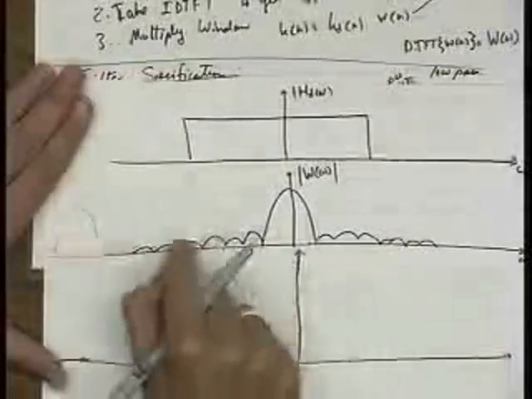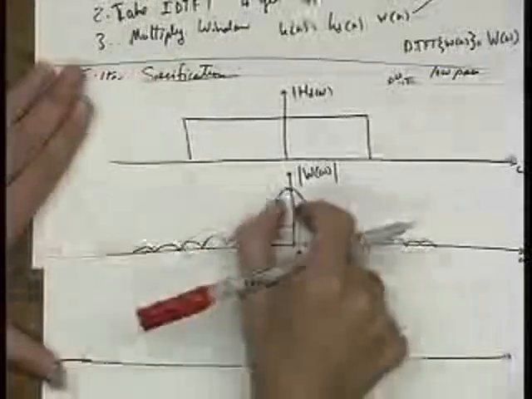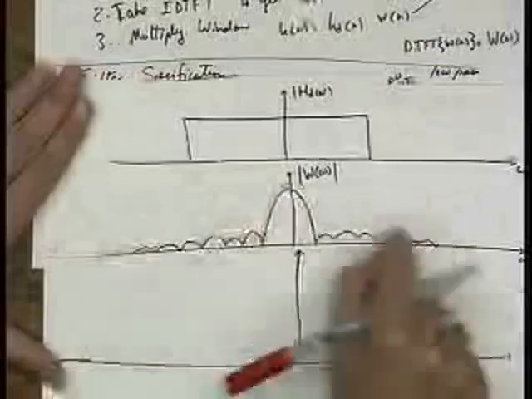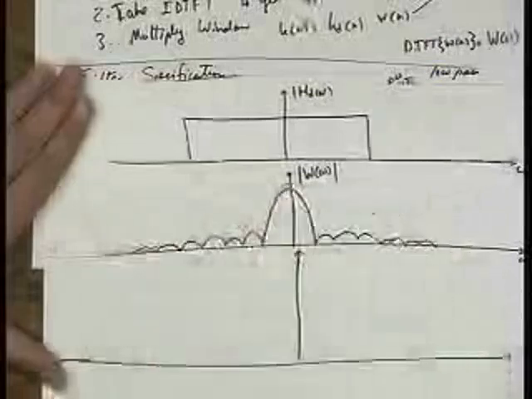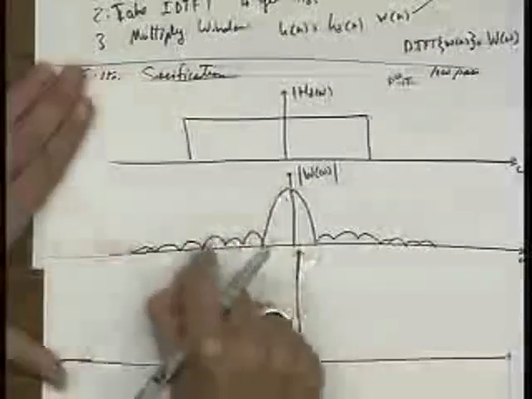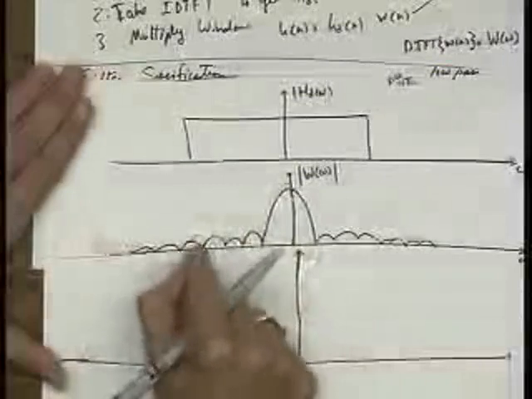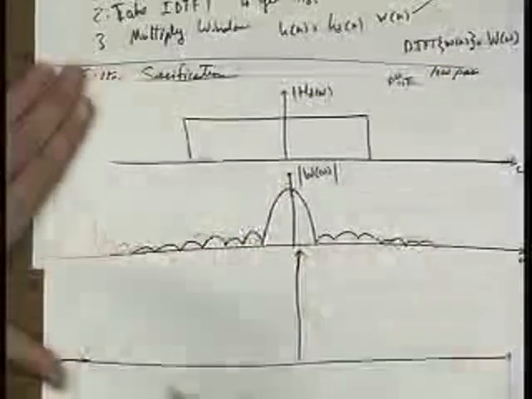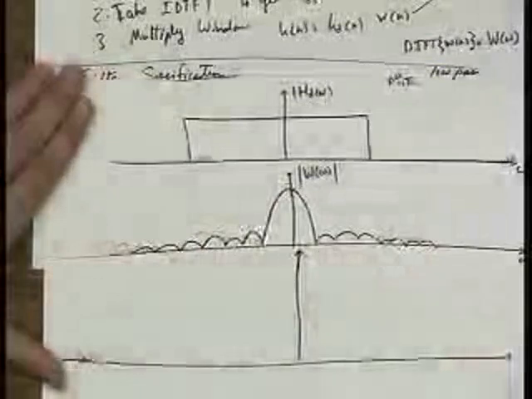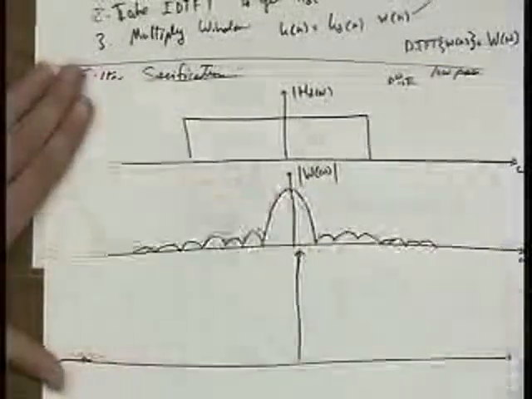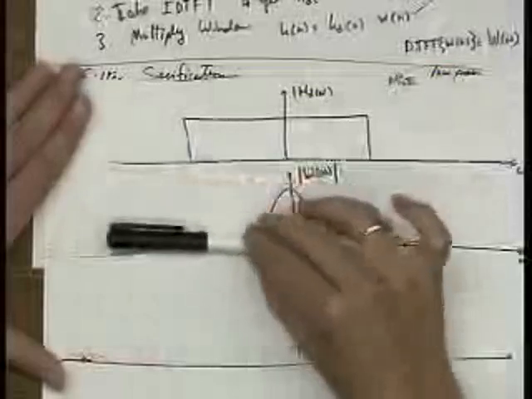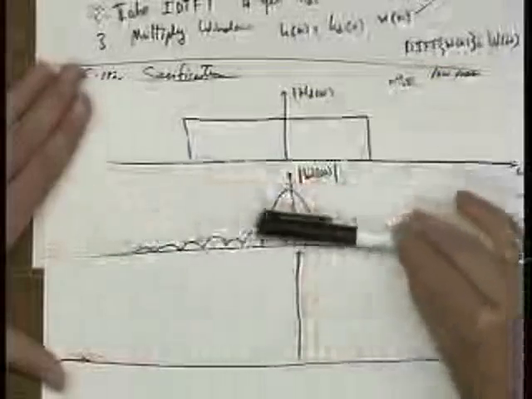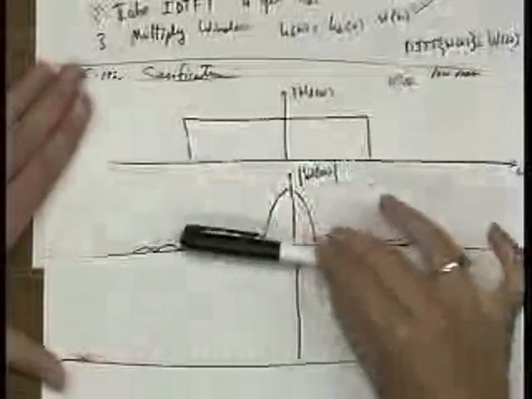Because this is called the main lobe, and these are called the side lobes of the Fourier transform of the window. These side lobes are not exactly 0. They're non-zero, so you get a little bit here. As I drag this red thing like that, at what point do I start getting some significant contribution?